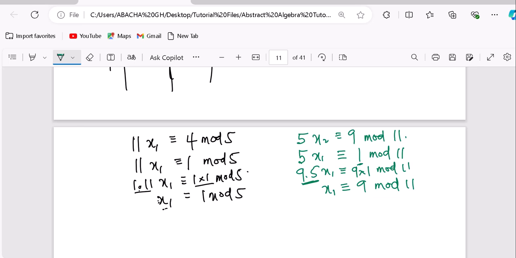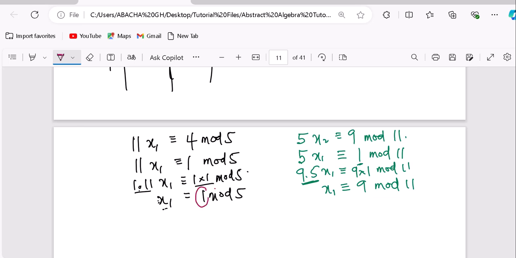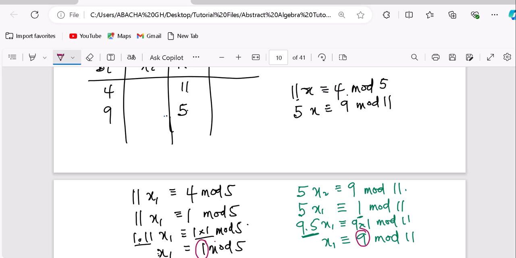So now I've got my two x values: the first x value is 1 and the second x value is 9.